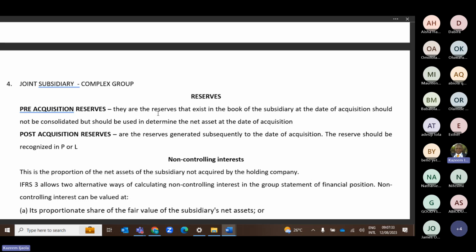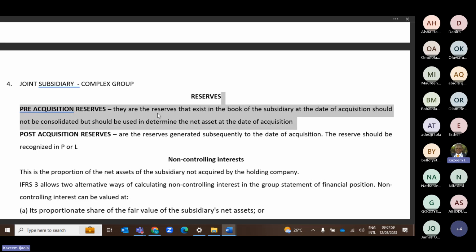Any reserve that exists in the books of the subsidiary at the date of acquisition is known as your pre-acquisition reserve. Please note that your pre-acquisition reserve should not be consolidated, but you use it in computing your goodwill. You don't consolidate this; it is only relevant for goodwill computation. You use your pre-acquisition reserve to calculate goodwill, not to consolidate.